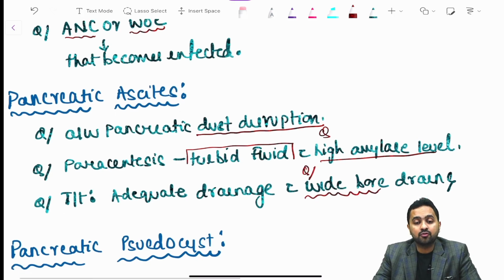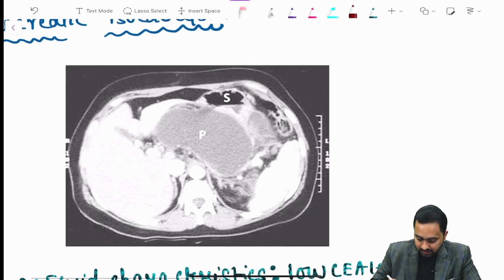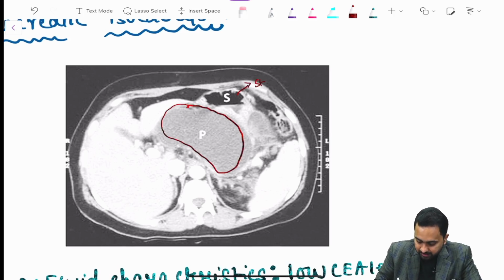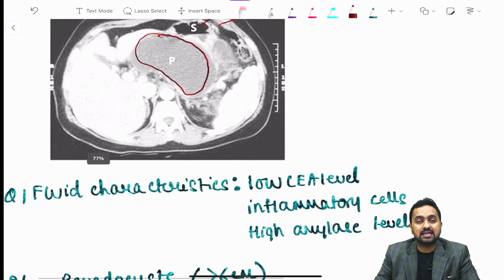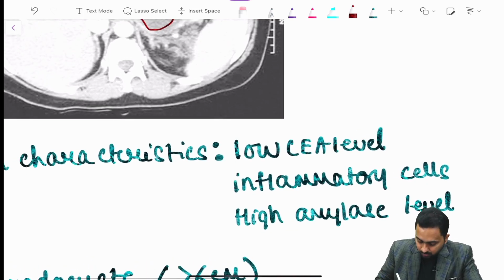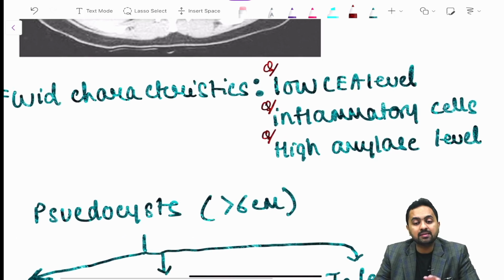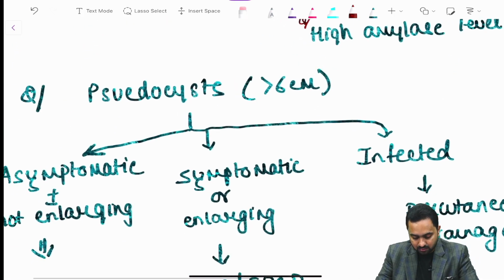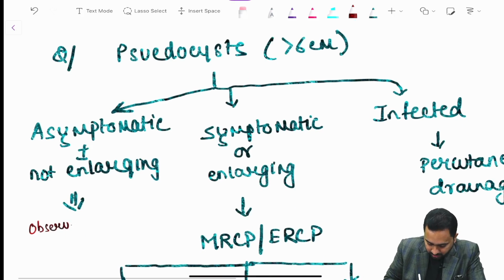And then a few points regarding pancreatic pseudocyst. This is a CT image showing your pancreatic pseudocyst over here, and this is your stomach which is being displaced upwards, right. Now, the fluid characteristics of a pancreatic pseudocyst include low CEA level, inflammatory cells and high amylase levels. Regarding management of pseudocyst, once the pseudocyst attains a size of more than 6 cm, if it is asymptomatic and not enlarging, then we can observe the patient.